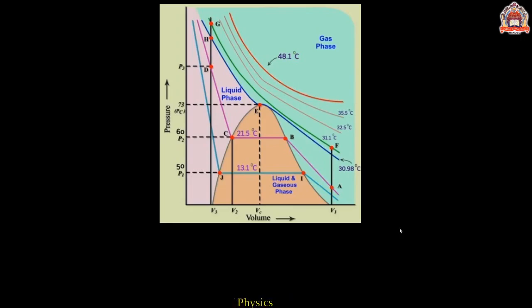In the region before IJ, suppose we are taking point A, from A to I, carbon dioxide is in the gaseous state.